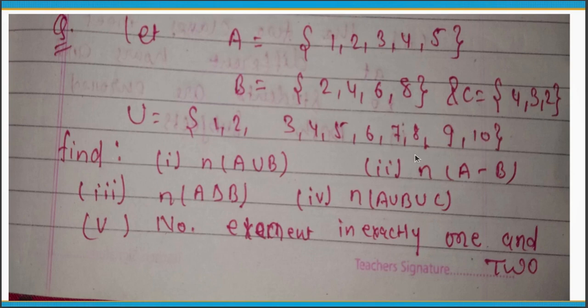You can keep the elements 1 2 3 4 5, with 2 and 4 in common, and 6 8. Except for set B, you remove 2 and remove 4. The elements remaining in set A are 1 3 5, so the number of elements is 3. Hence this formula is also proved.